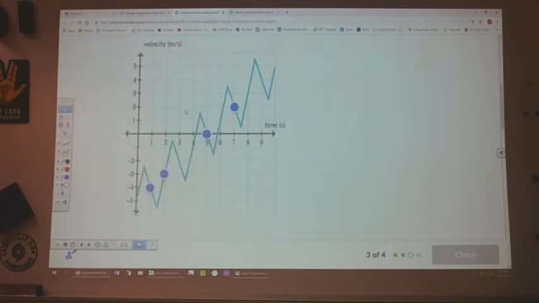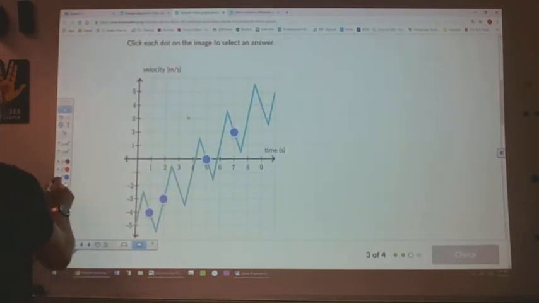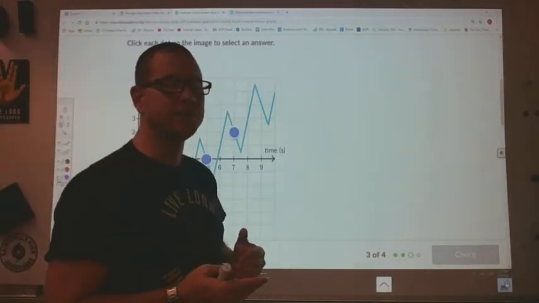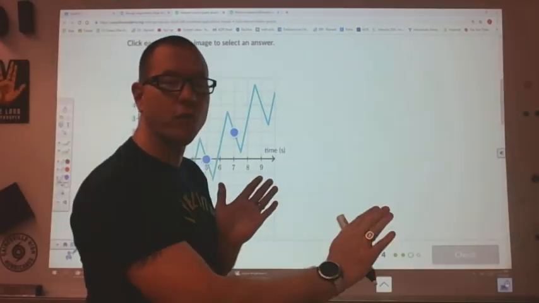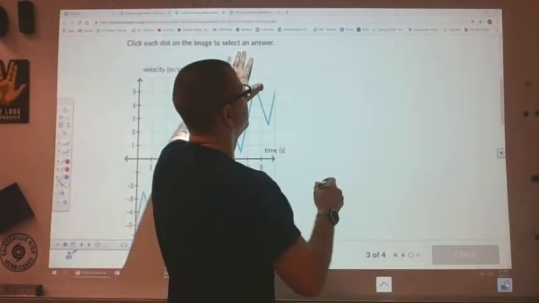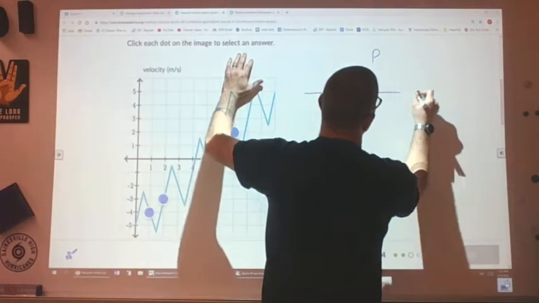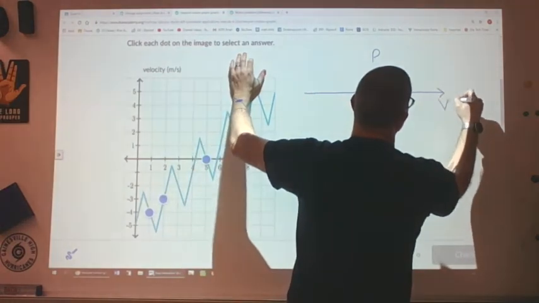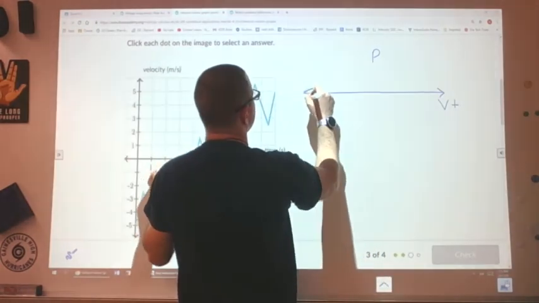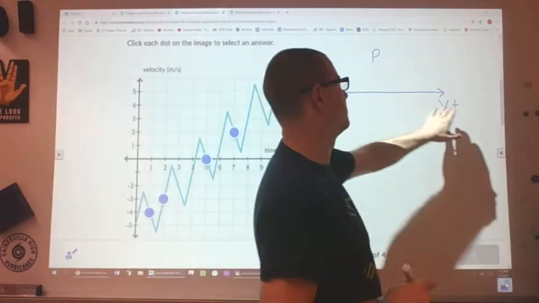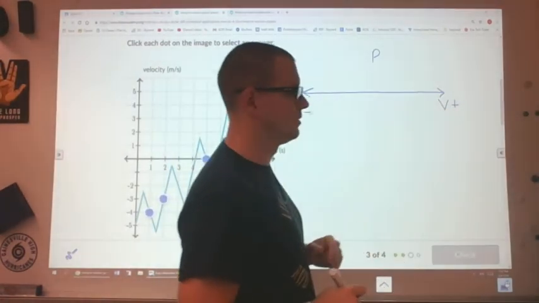First, we have to figure out the direction of travel. That's velocity. Is it going forwards or backwards? Velocity is negative, backwards; velocity is positive, forwards.